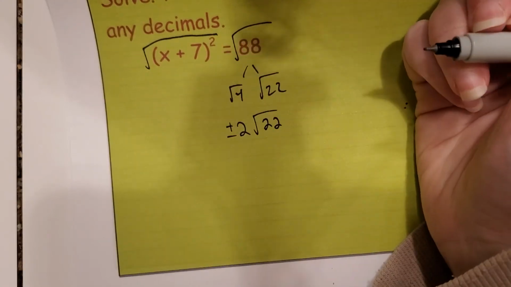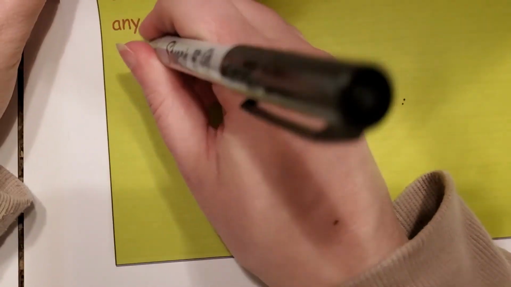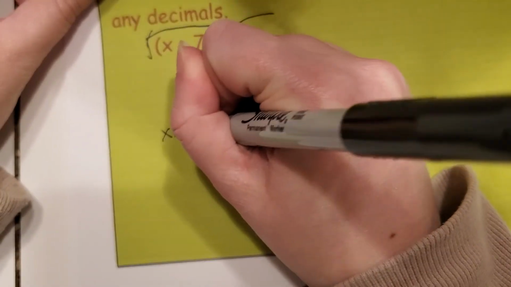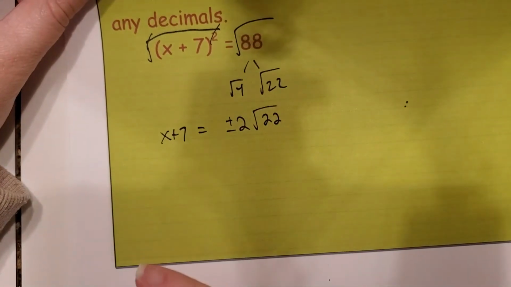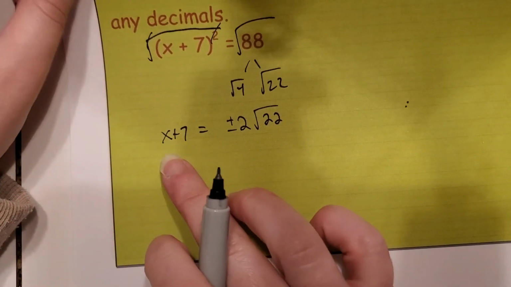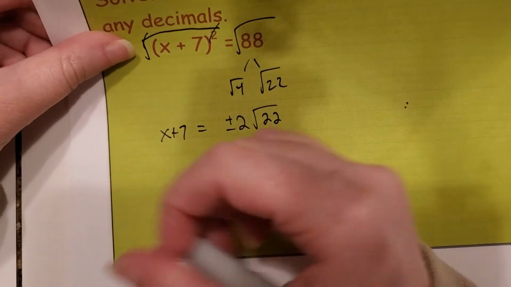Don't forget your plus minus. This up here cancels out. And so we have x plus 7 is equal to plus or minus 2 root 22. And again, we're not done yet because we don't have x completely isolated.